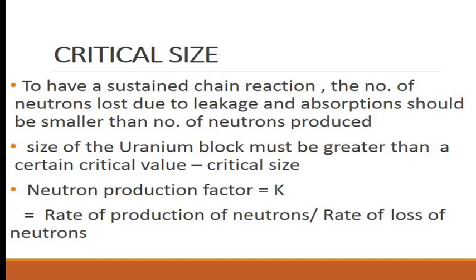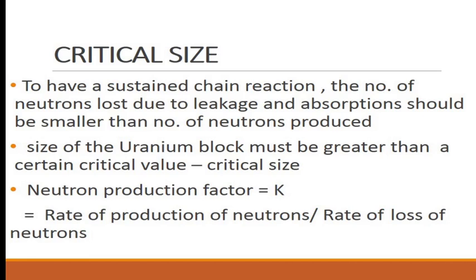We are only interested in a sustainable chain reaction, isn't it? Or we can say it is a controlled chain reaction. So for a sustained chain reaction, we need neutrons. And we know that some of the neutrons are lost due to leakage and absorption, and we also know that more neutrons are produced as the fission process continues.